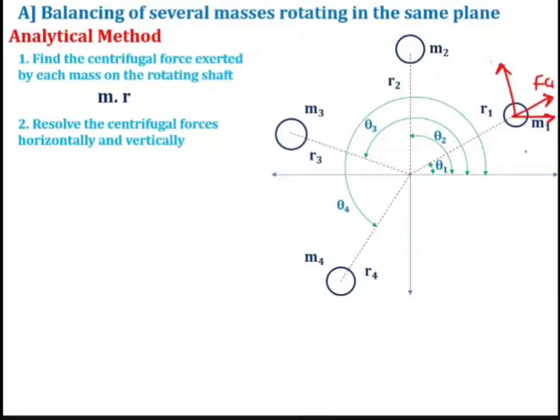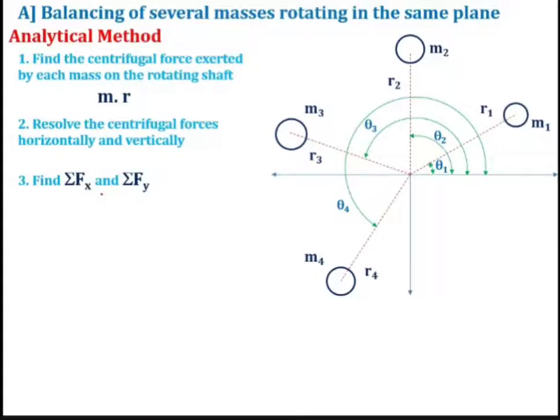This horizontal component will be Fc1 into cos theta 1, and the vertical component will be Fc1 into sin theta 1. Similarly, for m2 you will have Fc2 into cos theta 2 and Fc2 into sin theta 2. So similarly, you have to resolve these centrifugal forces into sin theta and cos theta. Right. So this is the next step.